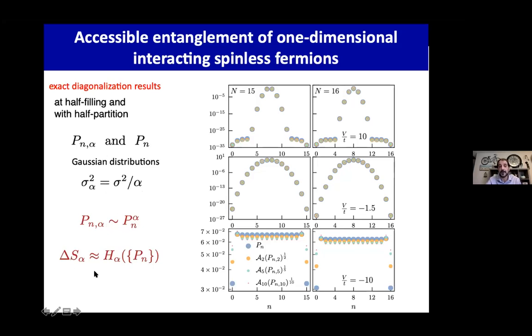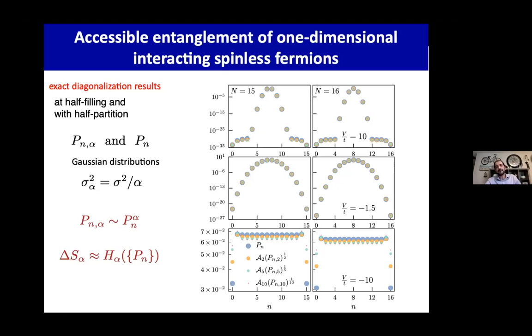Again, we recover that relation, that the difference between the total entanglement entropy and the accessible entanglement entropy in this phase is approximately equal to the classical Rényi entropy of the particle number distribution.